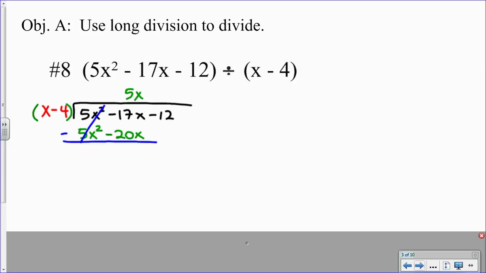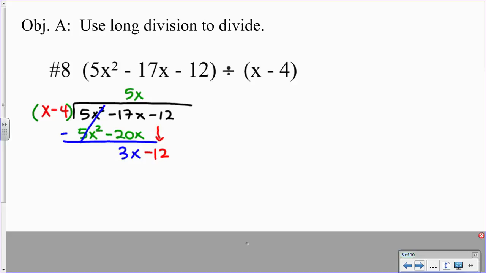And then negative 17x minus negative 20x. Good, it's 3x. Okay. How many terms are in your divisor? 2. So I have to make sure I have 2 terms here. So I got 3x, but now I need to break down my negative 12 so I can have 2 terms.